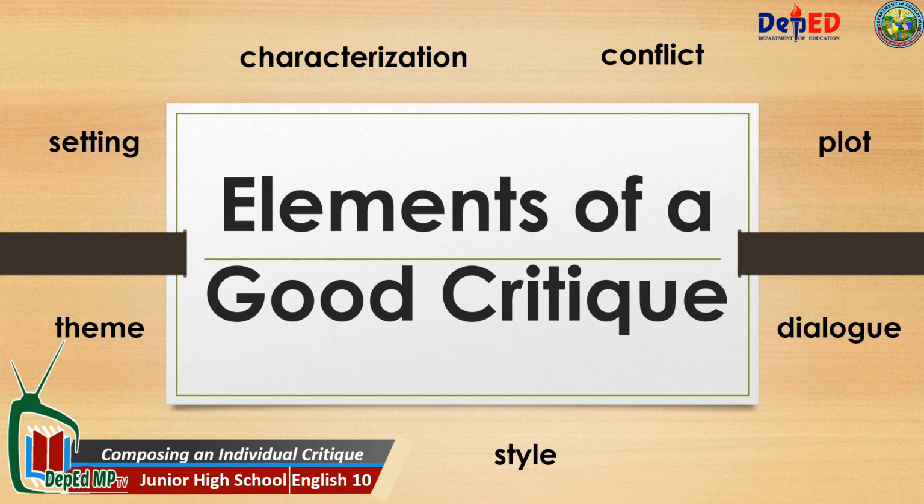These aspects, as well as the manner that they were presented, are studied so that the critic, or you, can come up with a valid evaluation on whether or not the material is good, beautiful, or significant, especially for the consumers. These elements were discussed in your previous modules. I hope that you can still remember them. If not, you can always review your previous modules.